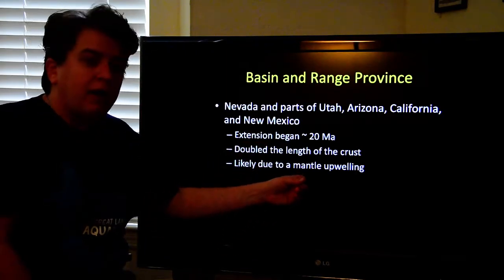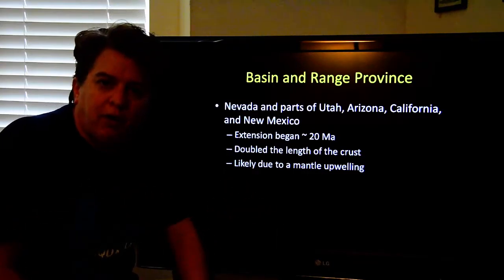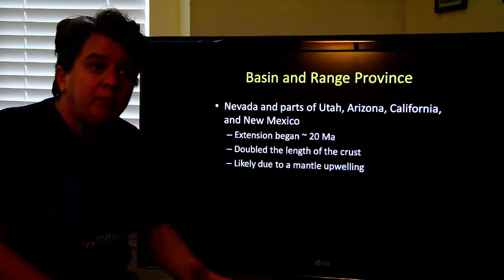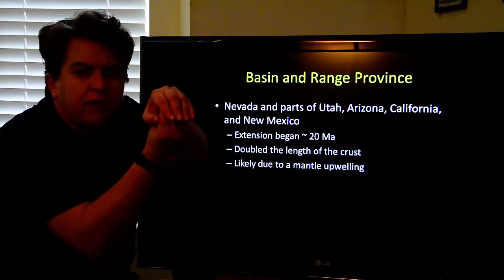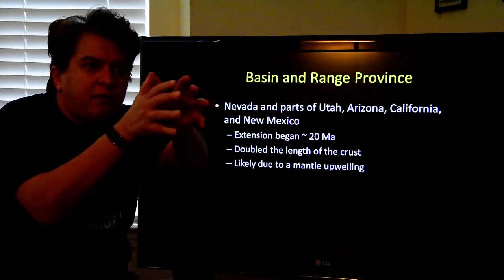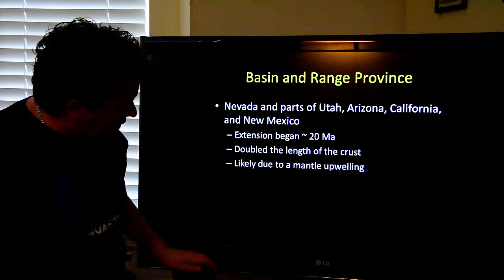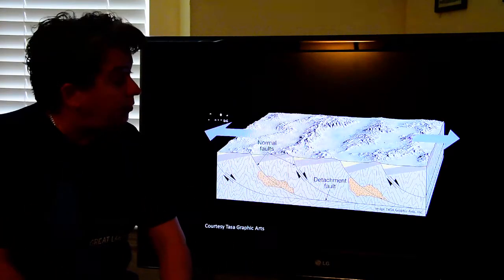Now, there's a lot of debate over exactly why Nevada is pulling itself apart, but it might be due to mantle upwelling. Basically, warm mantle material is pushing itself upward, and as it pushes itself upward, you get these tensional stresses that are pulling that state apart, creating that area that I called the Basin and Range.